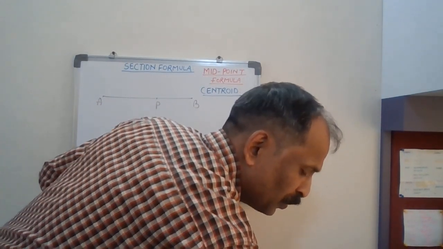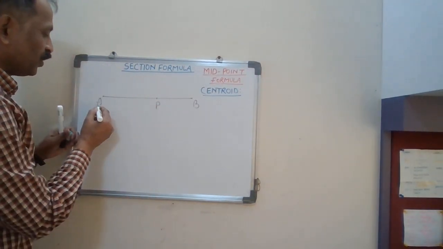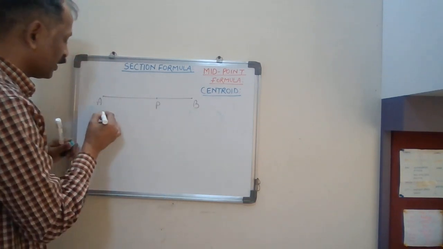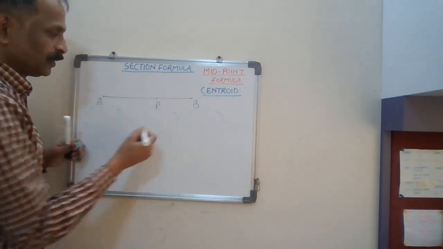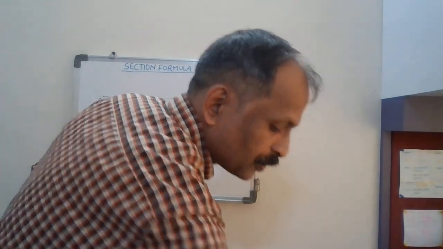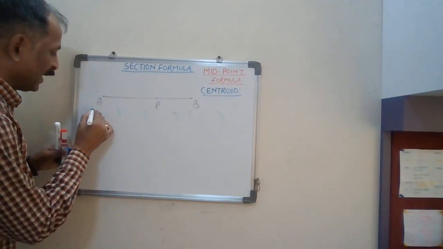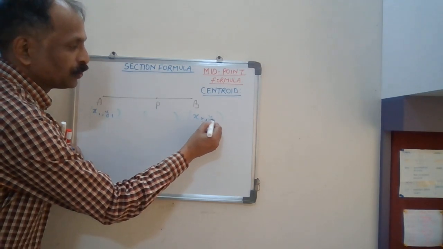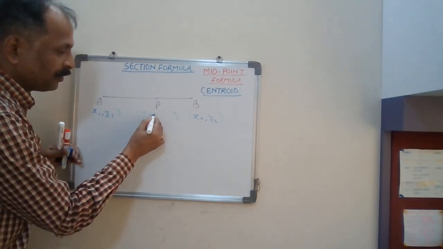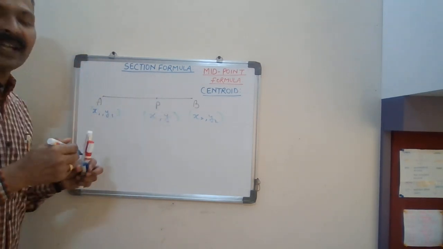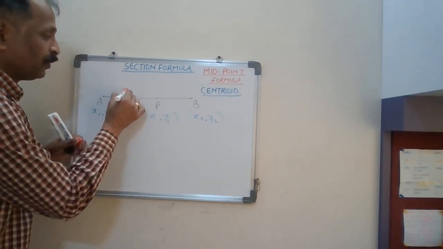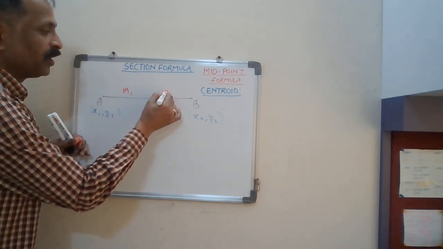Here, you will always have 2 points, A and B. If I take x1, y1 as the coordinates of A, x2, y2 as the coordinates of B, and P is having x comma y, which I am considering unknown, and the ratio is given in which P divides AB, M1 and M2.